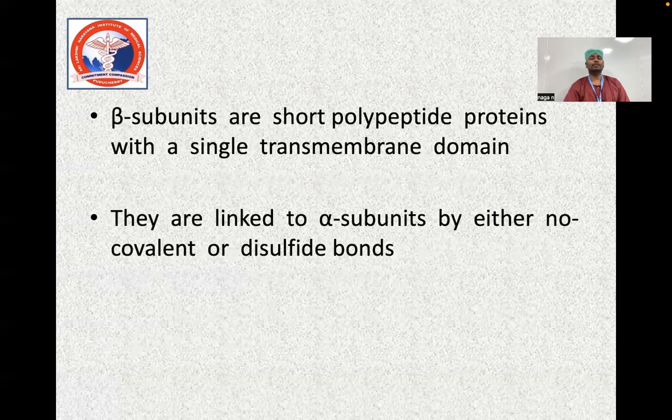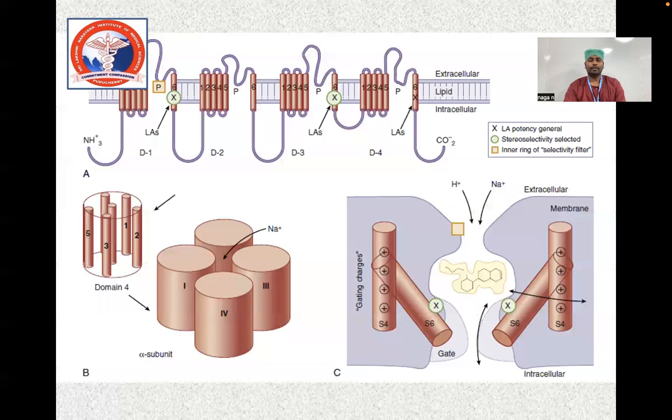Beta subunits are short polypeptide proteins with a single transmembrane domain. They are linked to alpha subunits by either noncovalent or disulfide bonds. Here you can see what I have explained, clearly demonstrated in the figure.